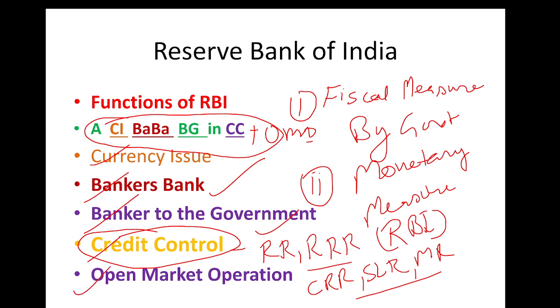Now, the last point is open market operation. Open market operation is one of the important parts of the Reserve Bank of India, in which sale and purchase of security is done. So, students, you can see there open market operation. The last function has been given in the slide.